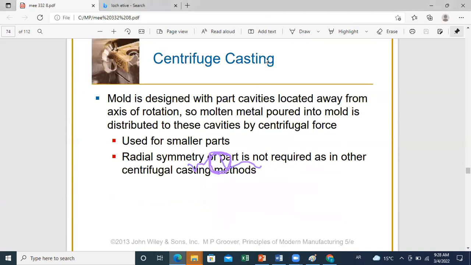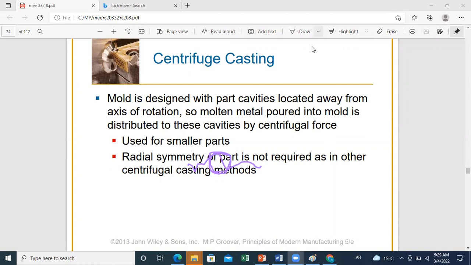Now, the last type is centrifuge casting. In this system, the mold is designed with part cavities located away from the axis of rotation. So molten metal will be poured into the mold and distributed to these cavities by centrifugal force. This type of casting is used for smaller parts, and the radial symmetry of the part is not required as in the centrifugal casting method.